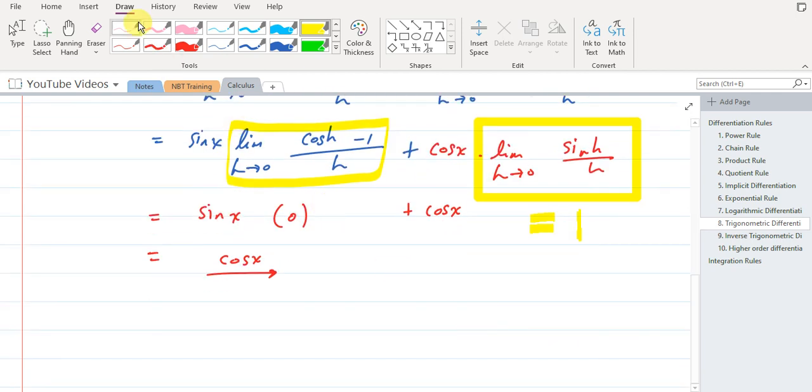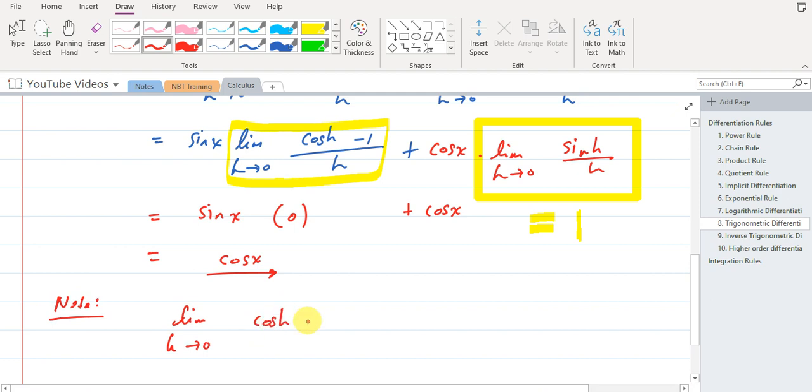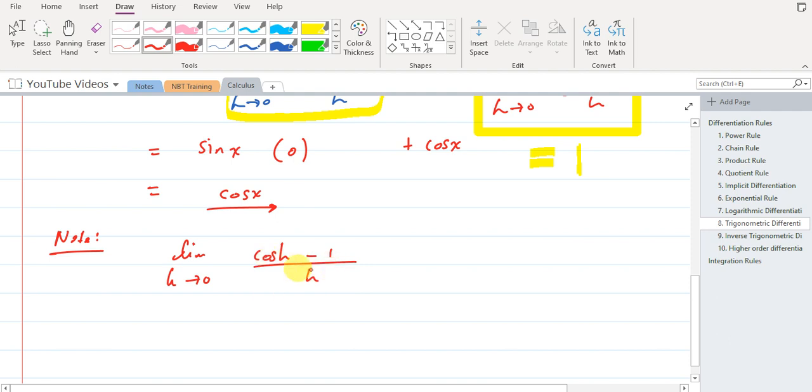So note, limit as h approaches 0 of cos h minus 1 all over h. So how can we simplify this? Let's see if we can apply some trick. Cos h minus 1 all over h.